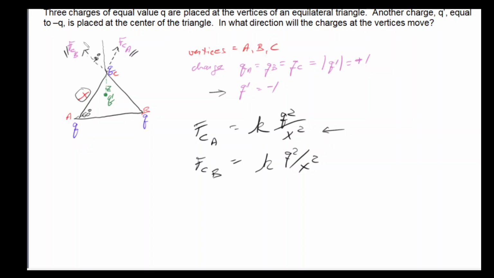So they're going to produce a force vertically. Now note that if we call this the z direction, the force on C from B, in order to get the force in the z direction, that would be equal to force on C from B times cosine 30 degrees.